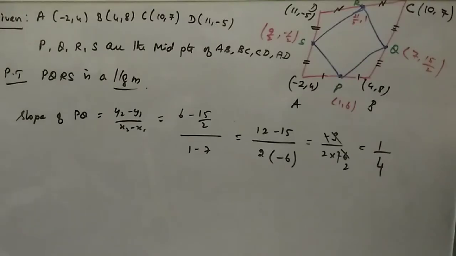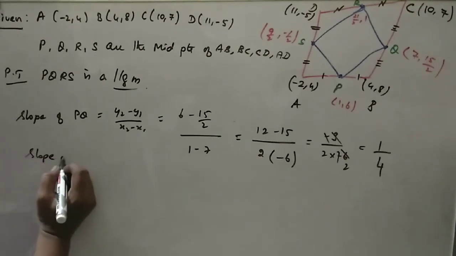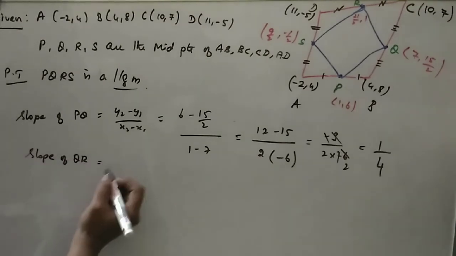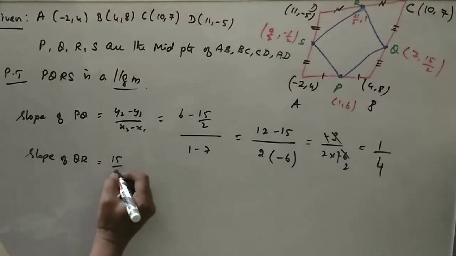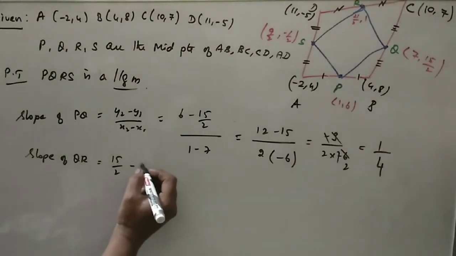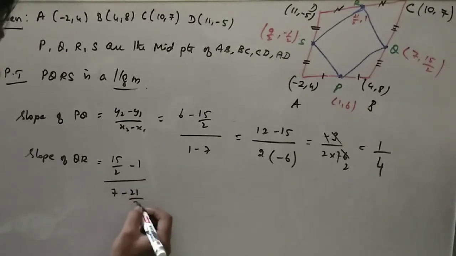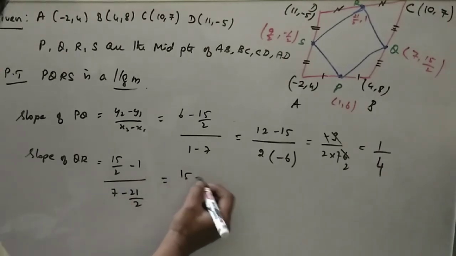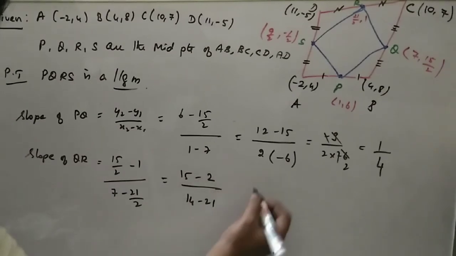Next we have to write the slope of QR. You will write (15/2 - 1)/(7 - 21/2). So (15 - 2)/(14 - 21).